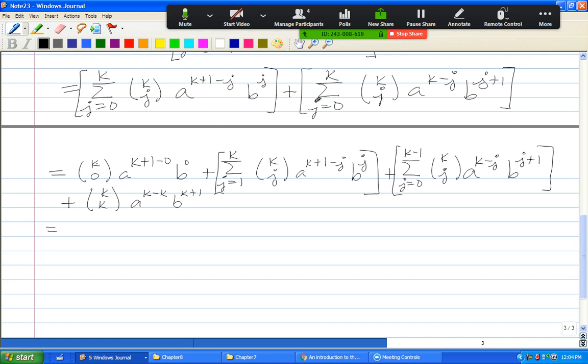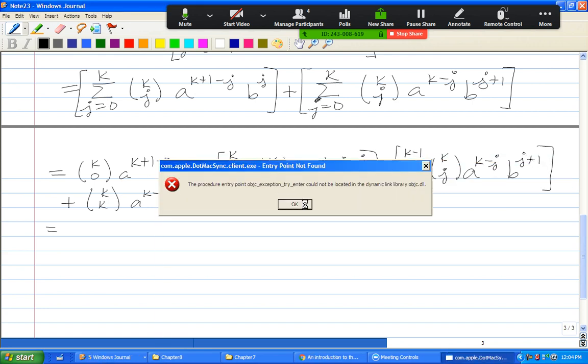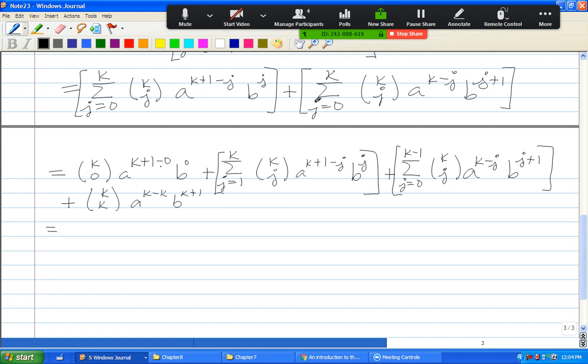So let me just write this. So k choose 0, well, that's 1. B to the 0, well, that's 1. And so this is just a to the k plus 1. So that's my first term. My last term, I'm also just going to write as b to the k plus 1.